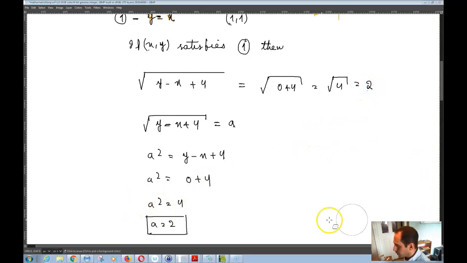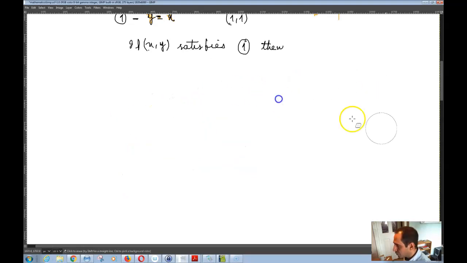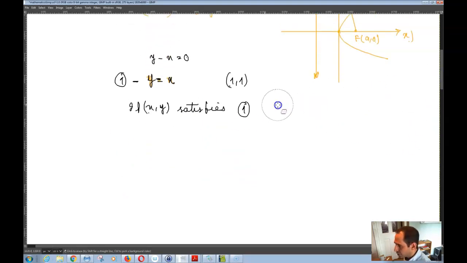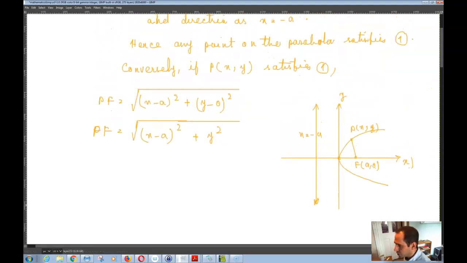That is what I've done over here. So I can use the same logic over there to prove the converse of what we found over here.